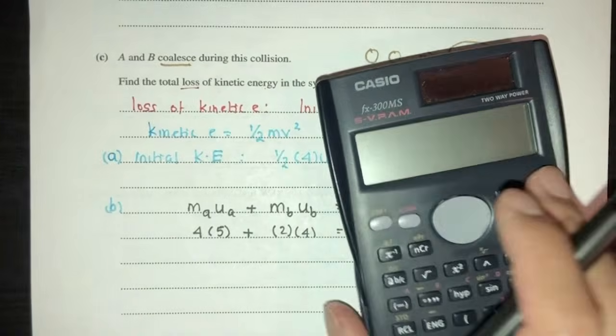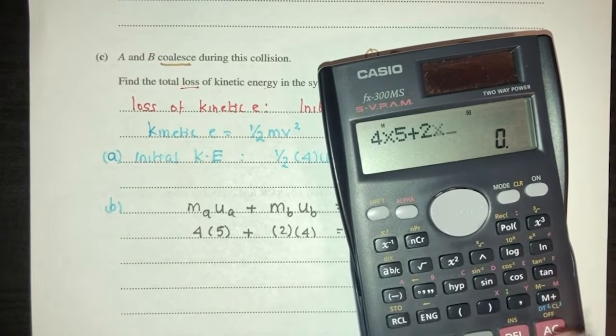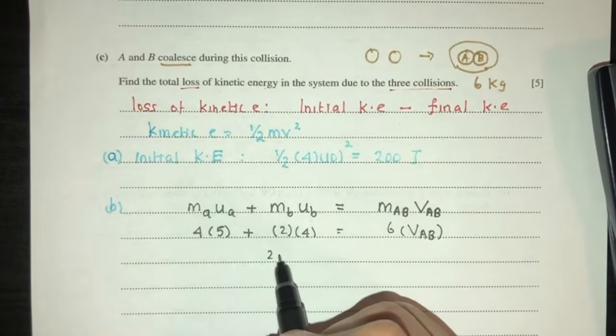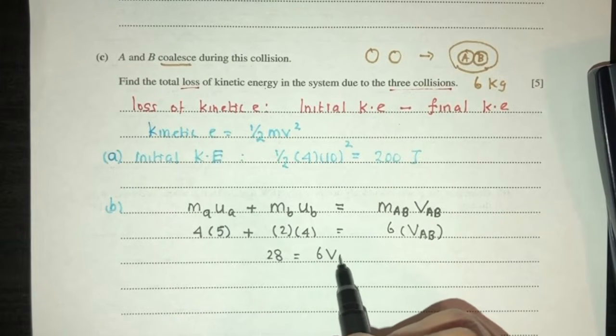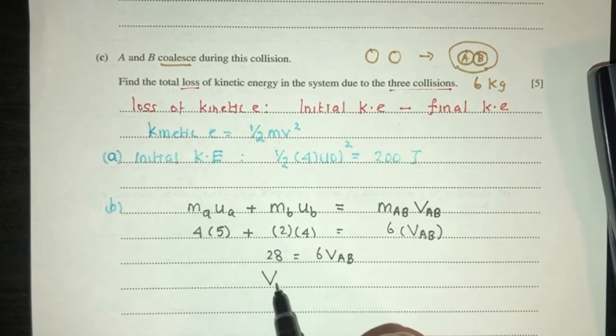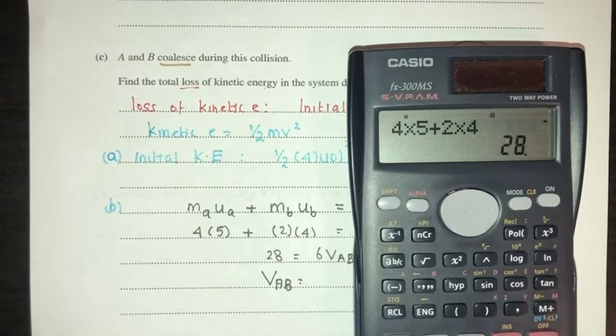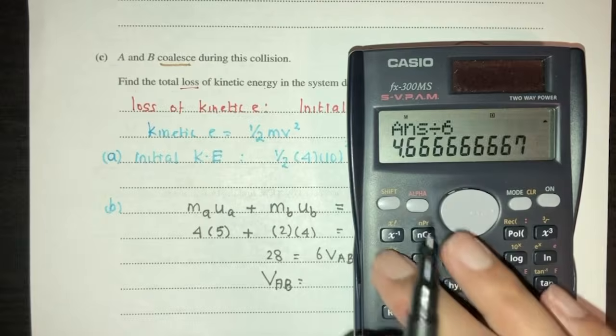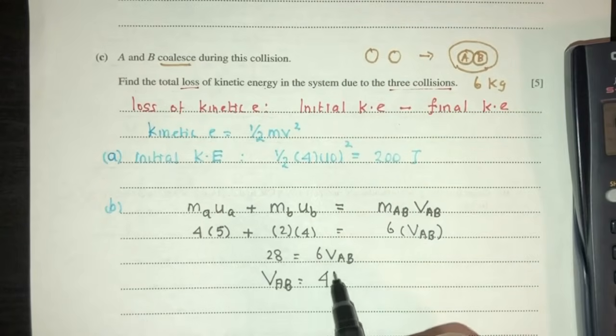So let's simplify. 4 times 5 plus 2 times 4, that will be 28. That will be 6 times V of AB. So the velocity of AB, that is of them being one body, is 28 divided by 6. That will be 4 2/3.